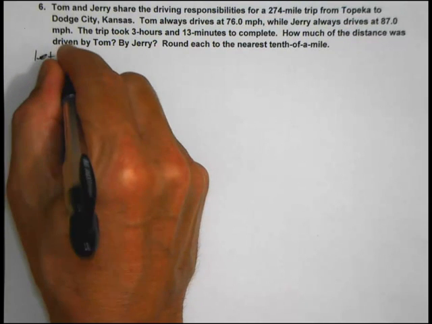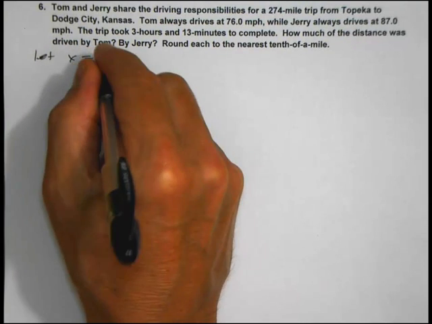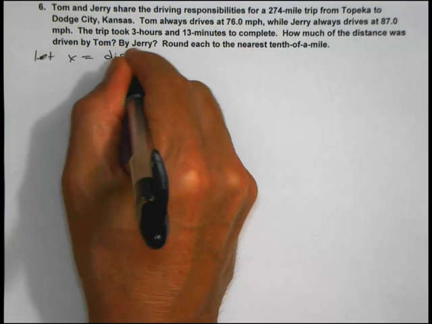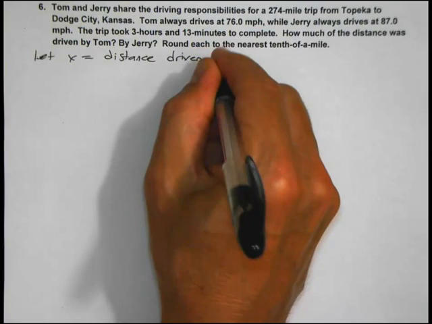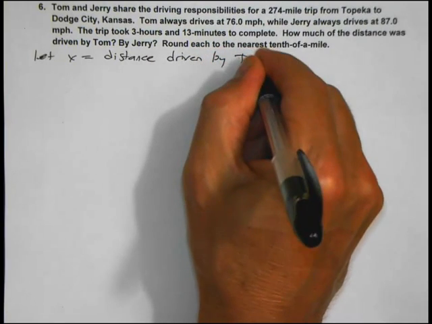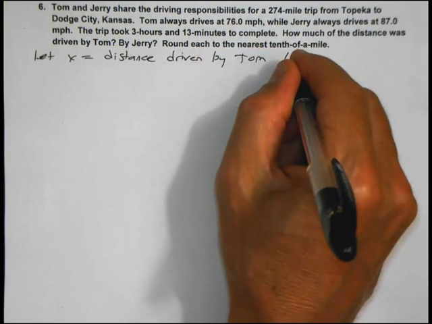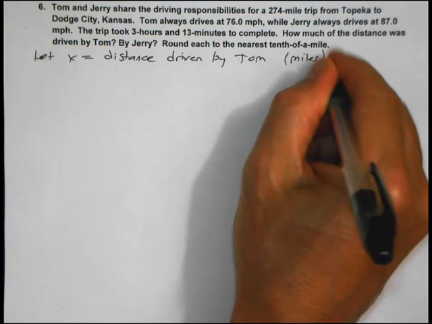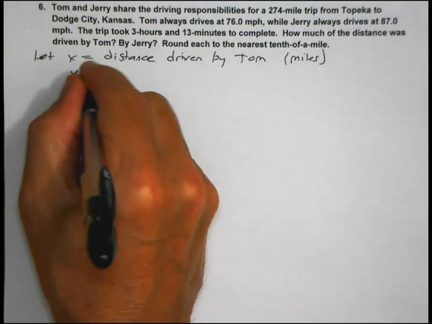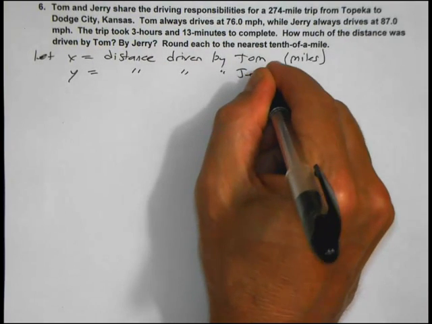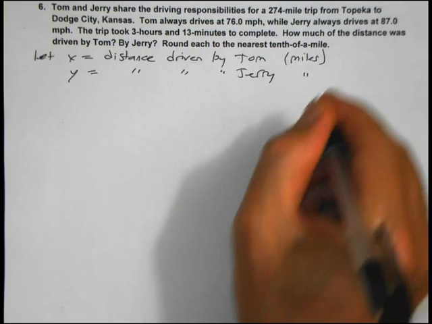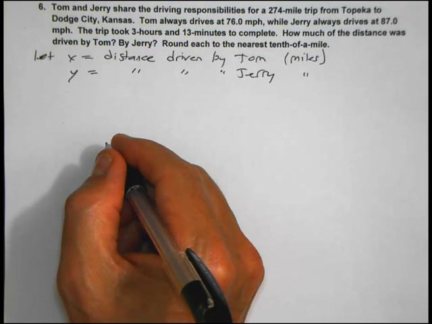So let x equal the distance driven by Tom, and that'll be miles for the units of measure. And then y could be the distance driven by Jerry, miles for the units of measure there as well.